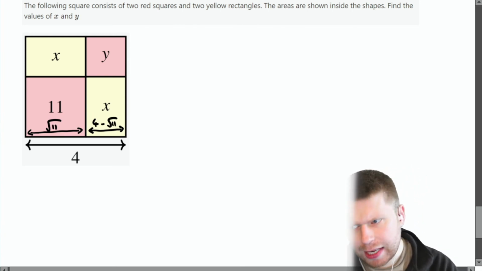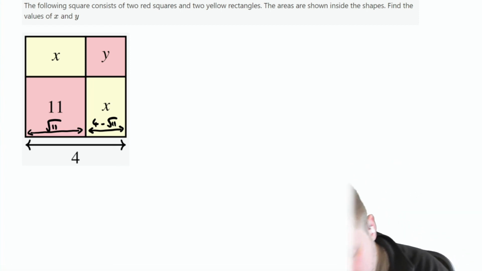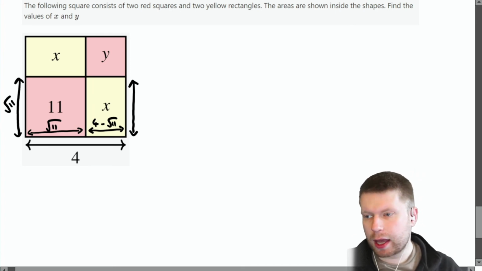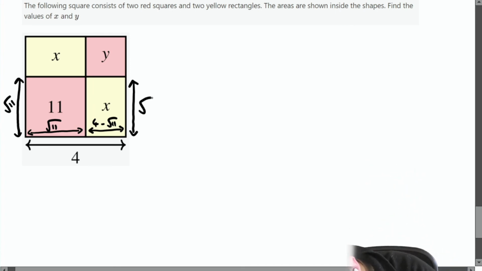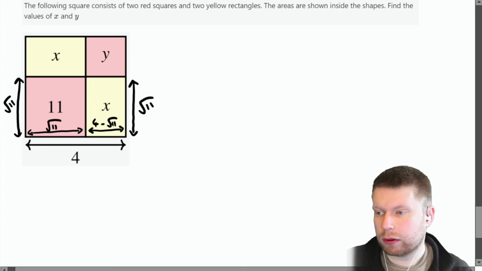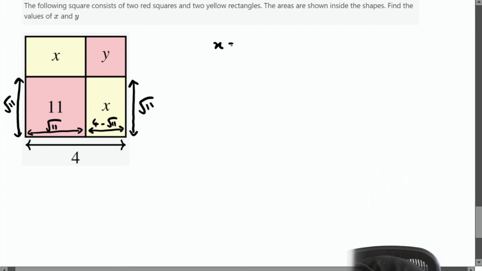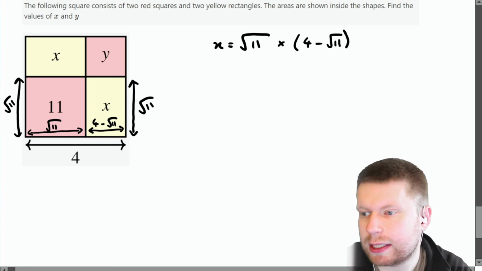Now have a look, because I should now be able to find the value of x. I know that the side length over here is also the same as root 11, because it's clearly just a square, which means that this must also be root 11 as well. So therefore, in order to find the value of x, I'm just going to have to take my two side lengths, which are root 11 and 4, so I'll put it in a bracket, 4 minus root 11, and multiply the two things together.